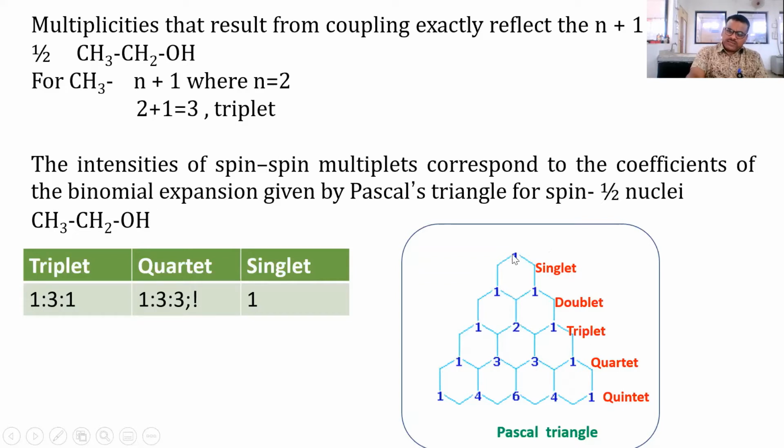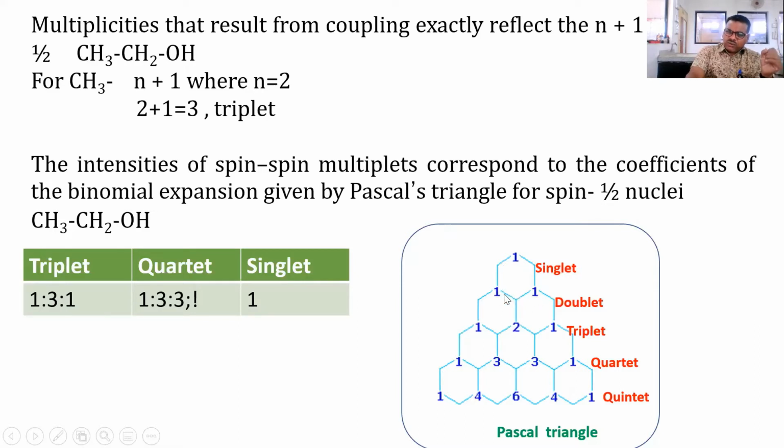Now how is it matching the binomial expansion? Look at this A very well. When we move to the left hand side, you get 1, and when you move to the right hand side, you get 1. So 1 plus 1 is equal to 2, therefore it shows the doublet.